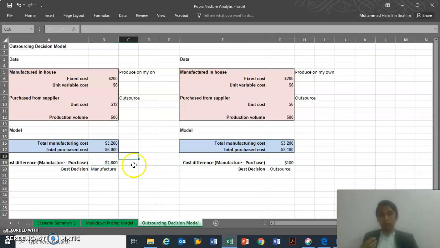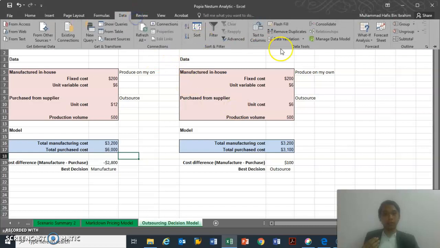I also tested, if I want to buy from a supplier, which unit cost is the best for me. I tested using what-if analysis and goal seek. So this is the result.